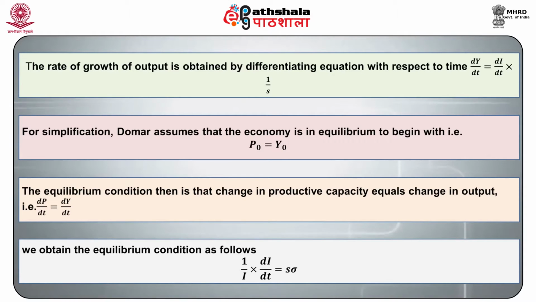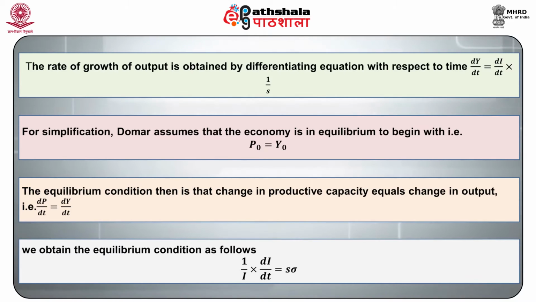The rate of growth of output is obtained by differentiating equation 1 with respect to time, which is given like this: dY upon dt is equal to dI upon dt multiplied by 1 upon S. For simplification, Domar assumes that the economy is in equilibrium to begin with, that is P0 is equal to Y0.